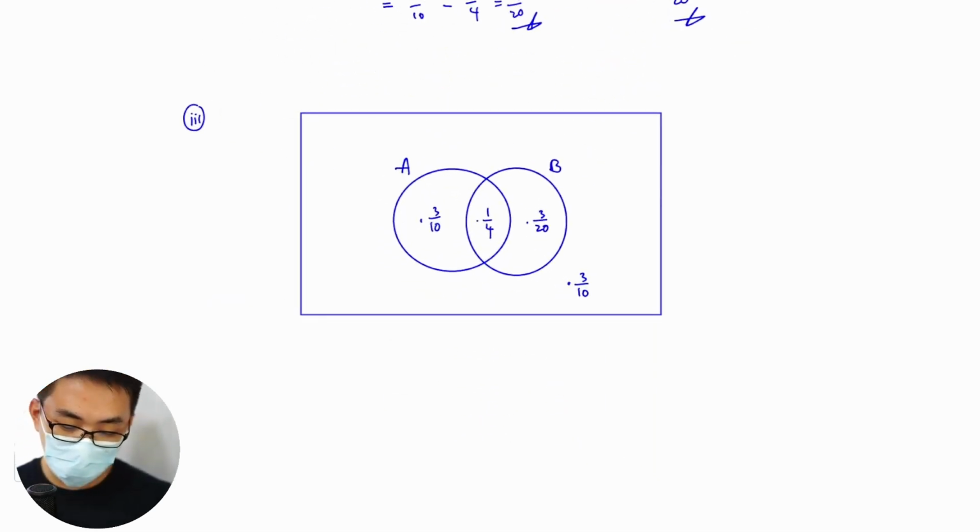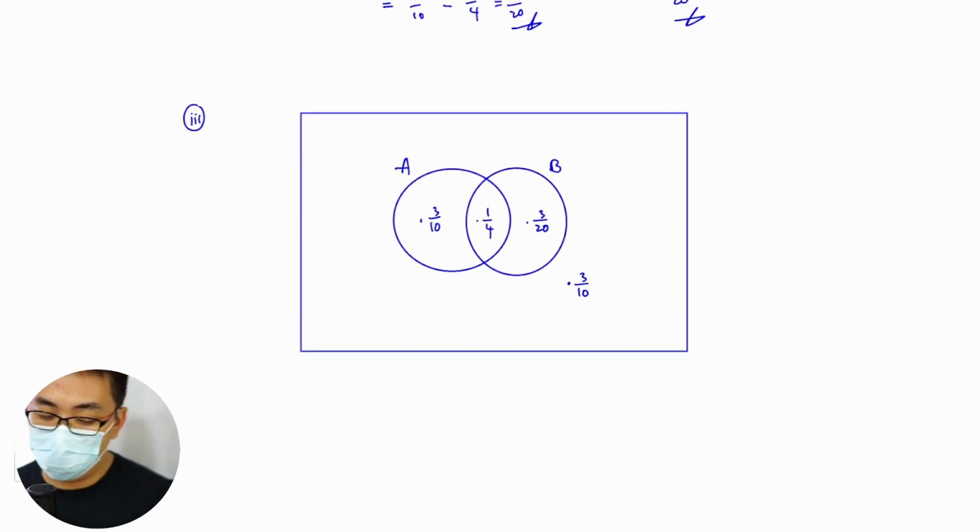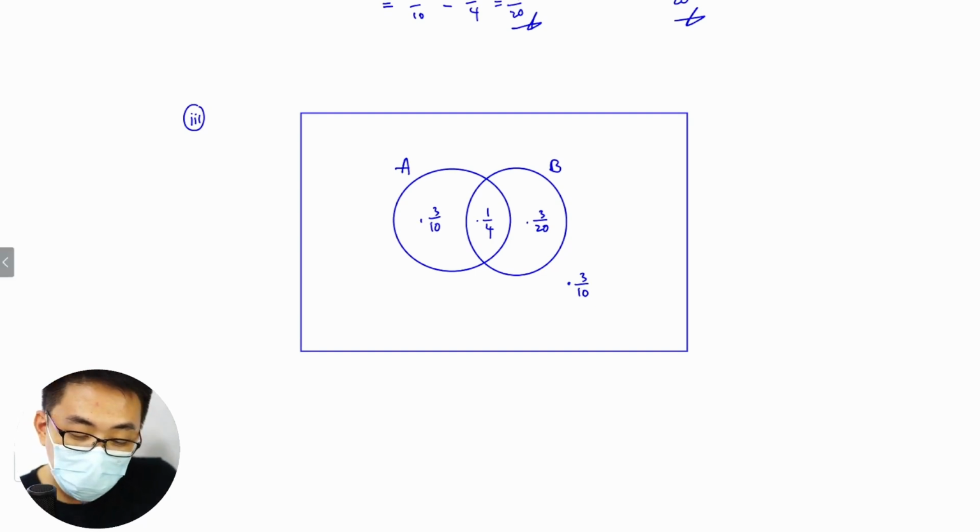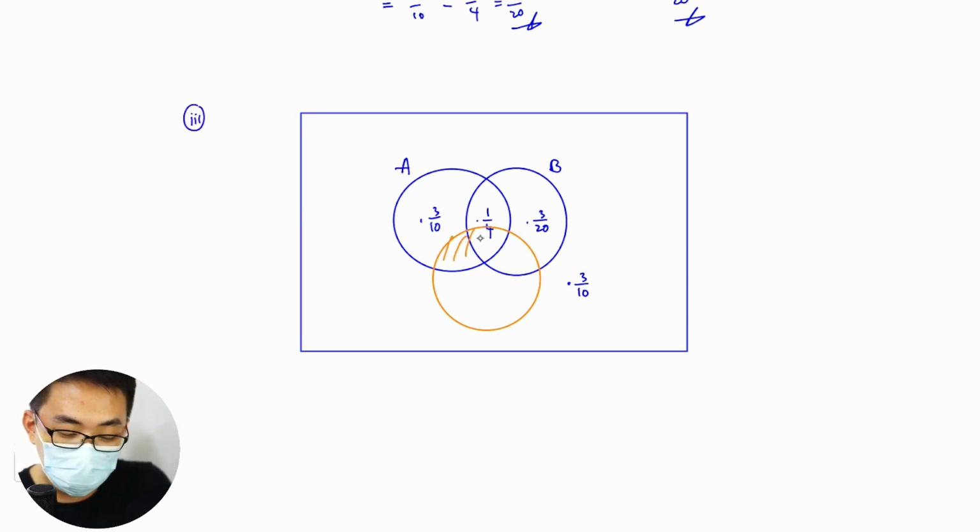Once A and B's relationship is established, only then you bring C in. Let's say this is C. This relationship with A is fixed.